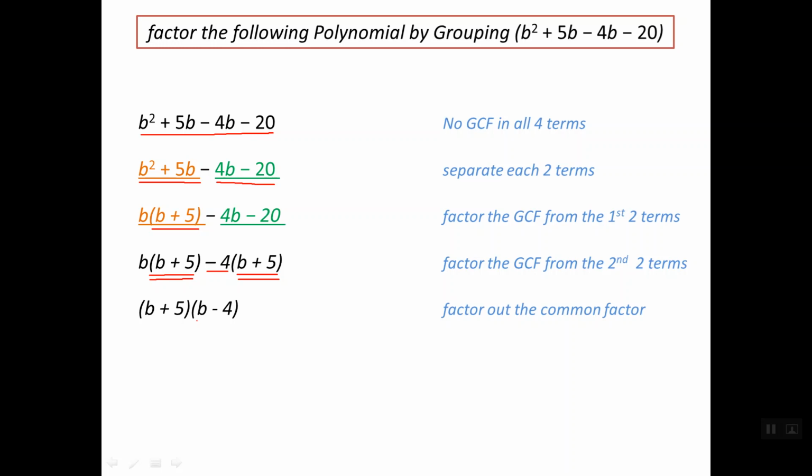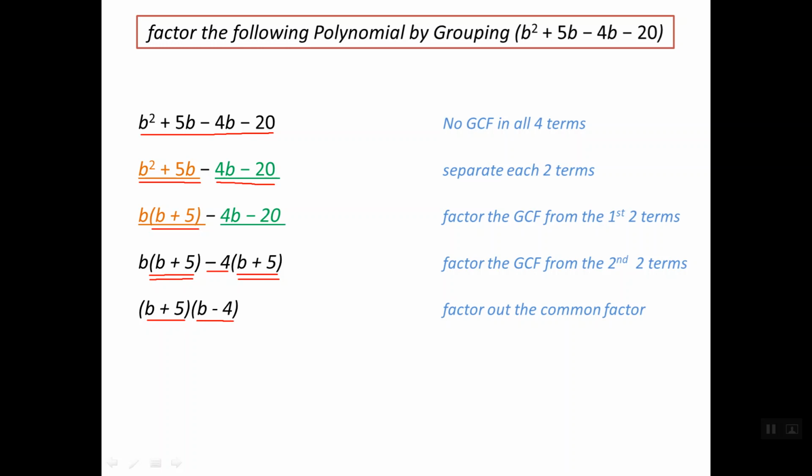It is multiplied by the remaining from the first term, which is b, and the remaining from the second term, which is the minus 4. So these are the two factors for the polynomial.